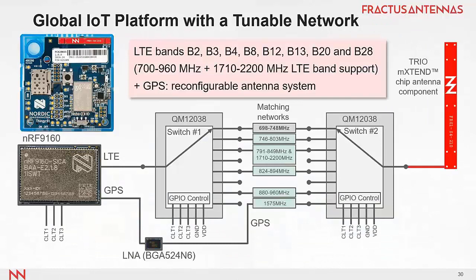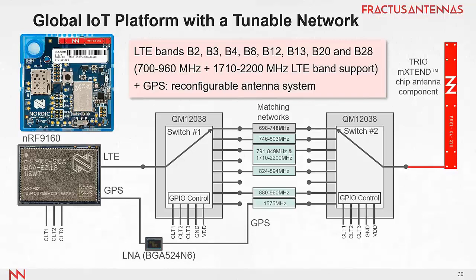In this case, since the platform was really small, 50 by 50, it's really a challenge because we need to operate at several LTE bands. In this case, from 700, which is a very low frequency, up to 960, plus 1710 up to 2200, plus GPS. So with a passive matching network, it's difficult to manage this huge multi-band bandwidth.